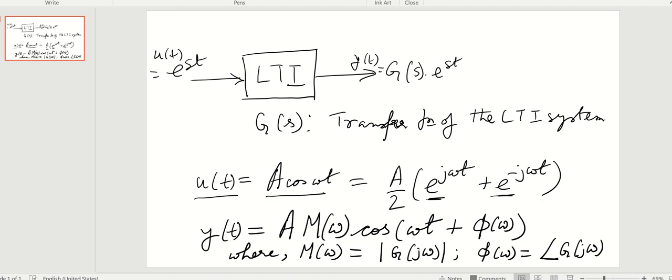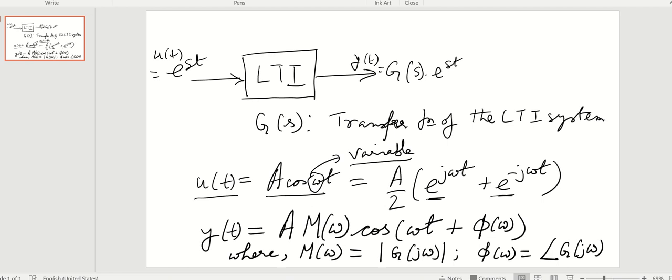So in other words, if you look at it as a dual problem, that is, suppose you're given this linear time invariant system which is unknown and you're asked to identify it. Think of it as an experiment. You have a bunch of inputs that you can apply to this, and each of those inputs is of this particular form with a variable omega. So this is for the experimental purpose.